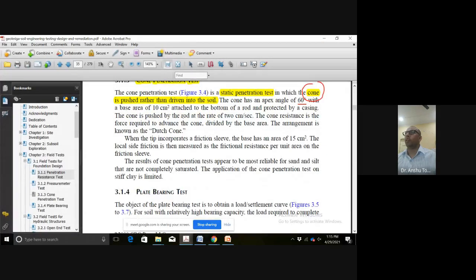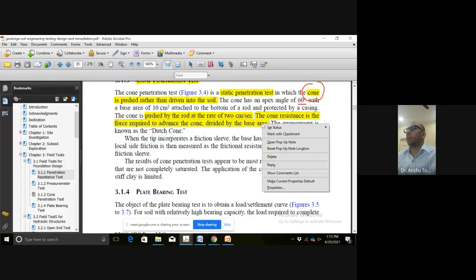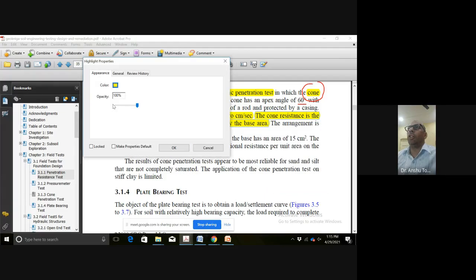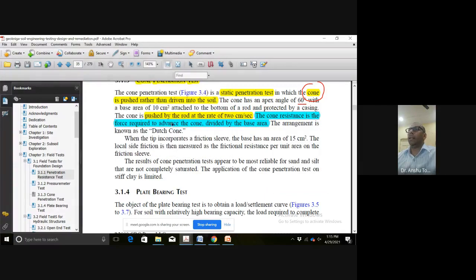The cone is pushed by the rod at the rate of 2 centimeter per second. The cone resistance is the force required. This is responsible for finding out the parameters that we require. The cone resistance is the force required to advance the cone divided by the base area.